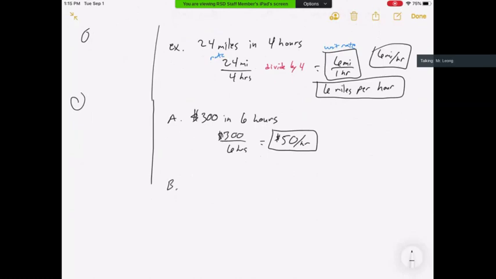Letter B. Here we go. Let's say 4 bags of chips. Here's the rate. For $2.12.